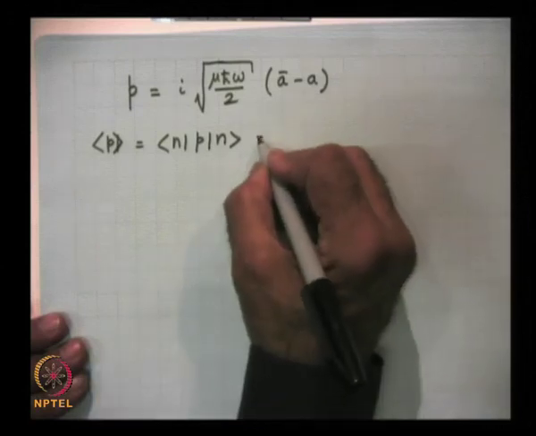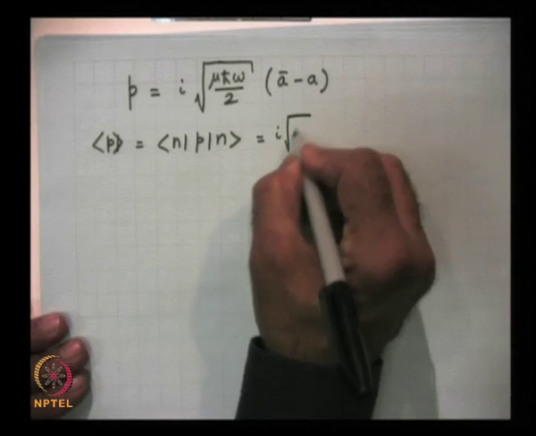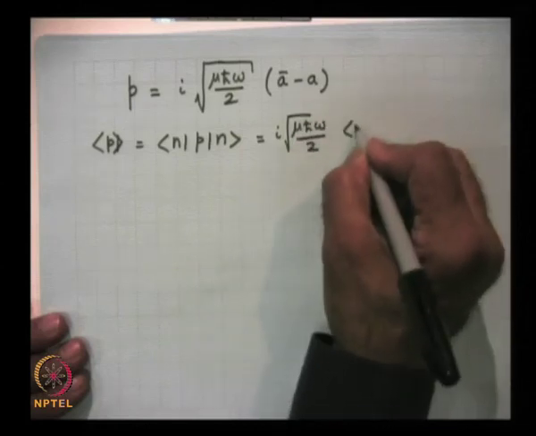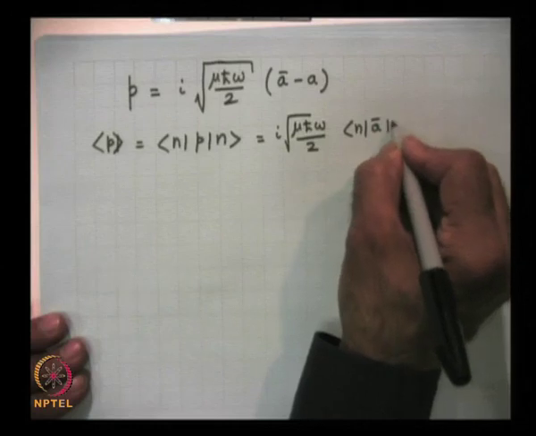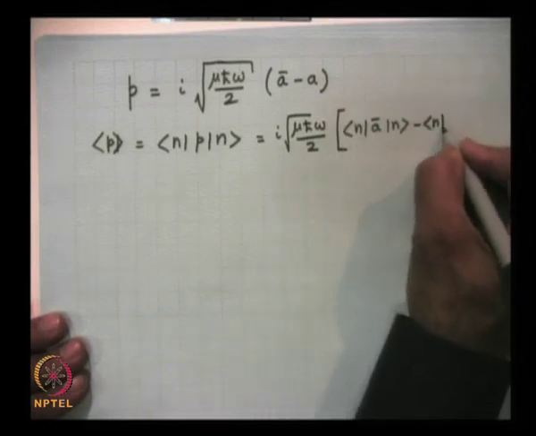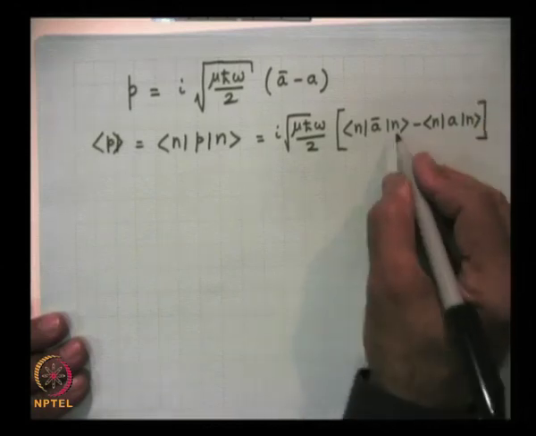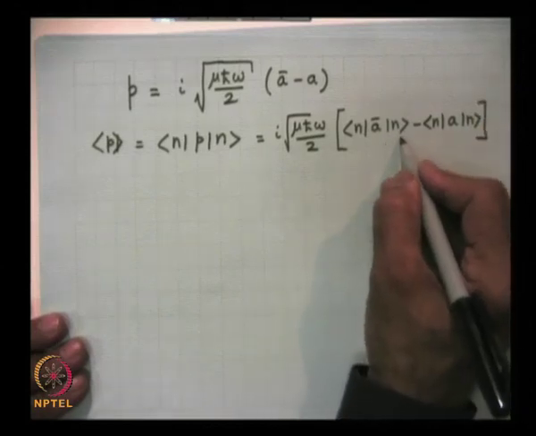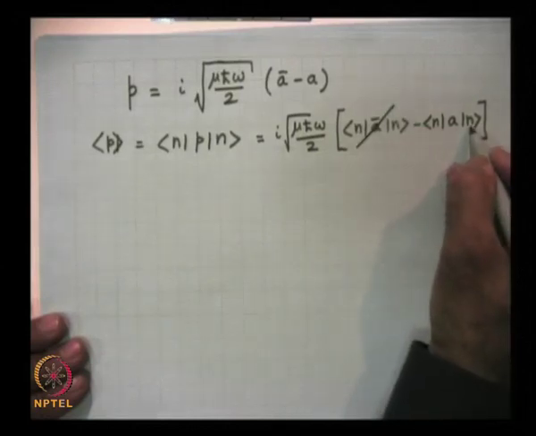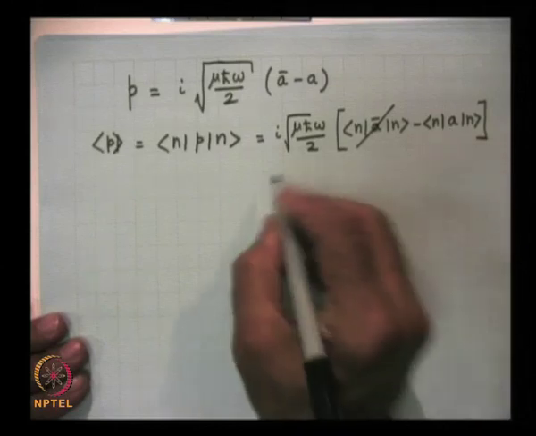So, this will be i times the square root of mu h cross omega by 2, n A bar n minus n A n. As we have done before, this is proportional to ket n plus 1, and this is proportional to ket n minus 1. So, the scalar product of that is 0. So, this is 0.